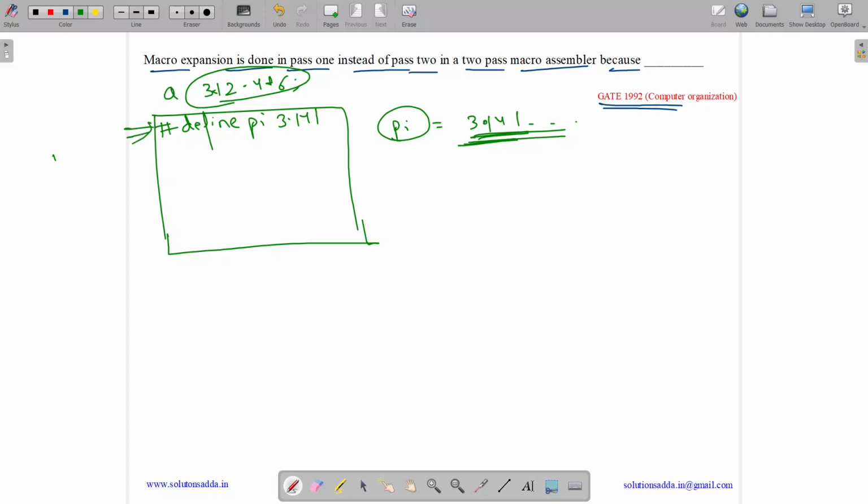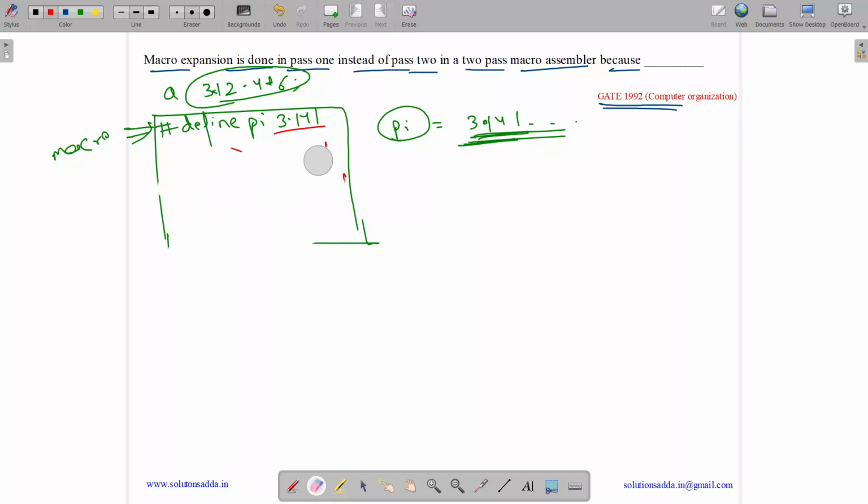So this is a macro. Now what happens? Whenever inside our code we use pi, we need to do this macro expansion. Macro expansion means replacing this pi with its value, which is 3.141. So all these values will be replaced. But there is a problem in this. The problem is the forward reference problem.